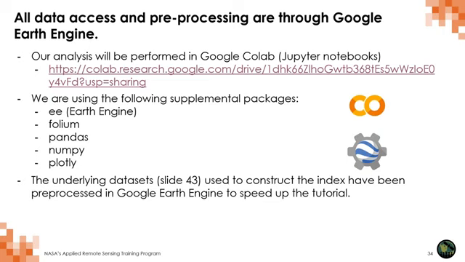Because some of the actual index construction is quite time consuming in terms of processing, we've pre-processed much of the data, which you'll see on slide 43, to allow us to quickly go through the information. But we've provided that supplemental code and can go over that so that you can go at your own leisure to process and generate additional indices.